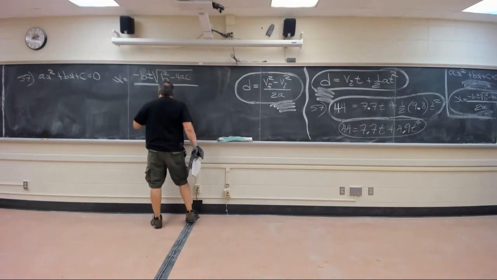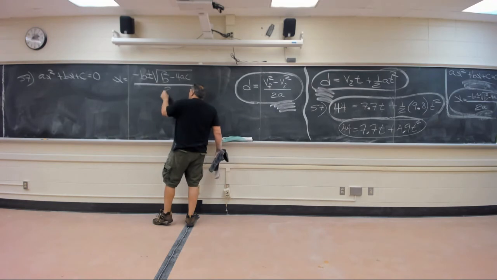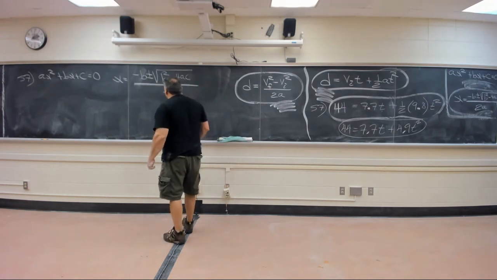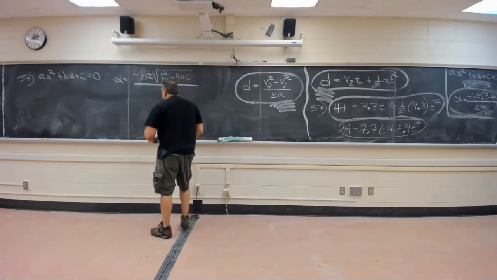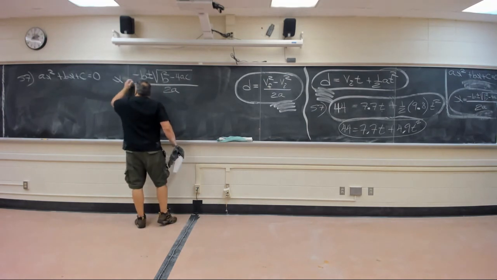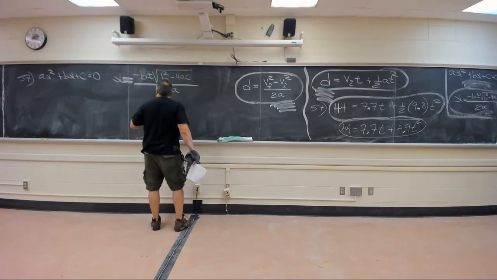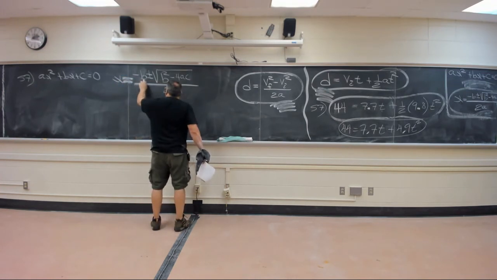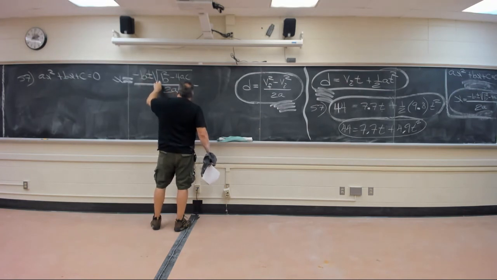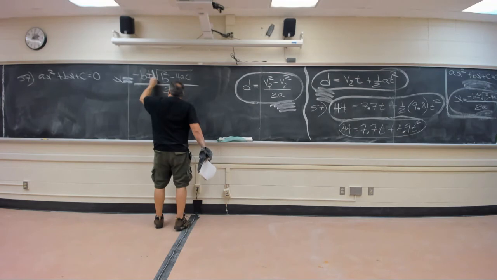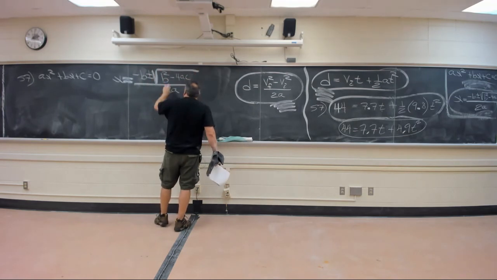Hopefully one of them is good. x equals the opposite of b plus or minus the square root of the entire quantity b squared minus 4ac.